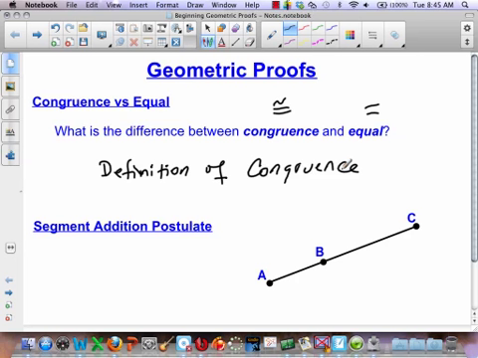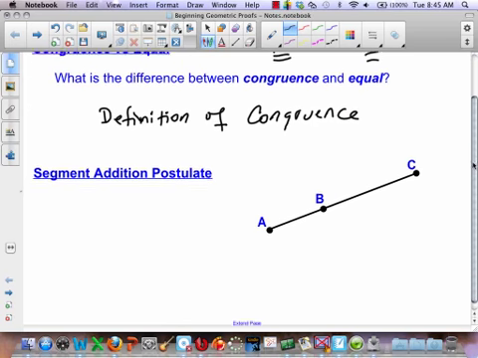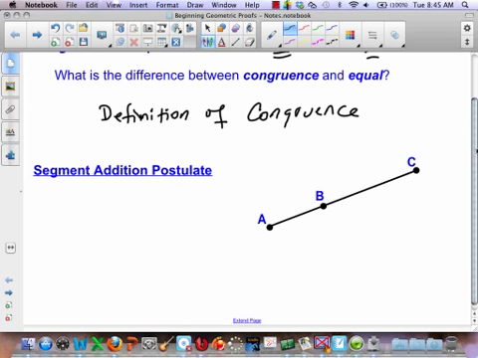Now, the next thing we've already seen before in this class, segment addition postulate. What does that mean? The sum of the parts equals the whole. So anytime we add up the parts of a segment and we get the whole, that's going to be segment addition postulate.